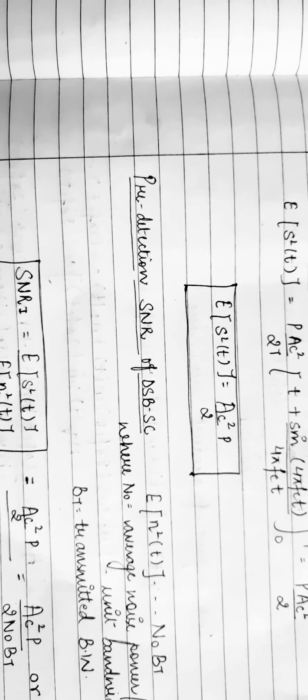Now for the pre-detection SNR of double sideband, we know that the expectation of n squared t has the value N0 into BT, where N0 is the average noise power per unit bandwidth and BT is the transmitted bandwidth. The SNR at the input is the expectation of s squared t upon the expectation of n squared t.